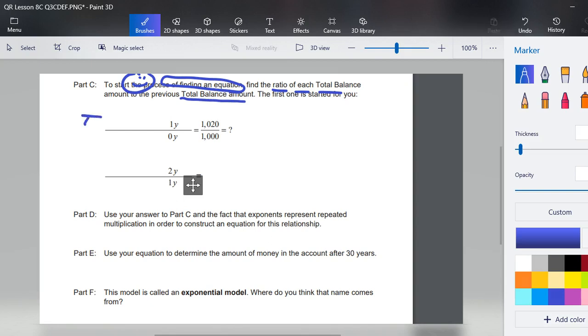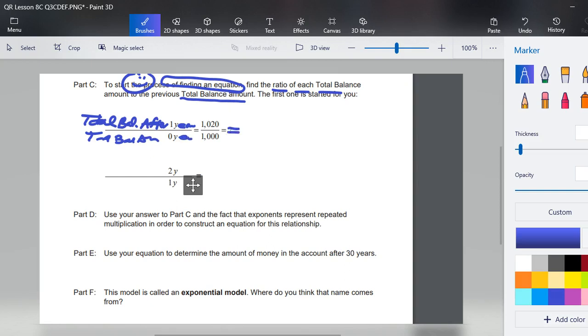So the words that are missing are the total balance after 1 year. So the chart we just worked on, the total balance after 1 year was $1,020, and the total balance after 0 years was $1,000.